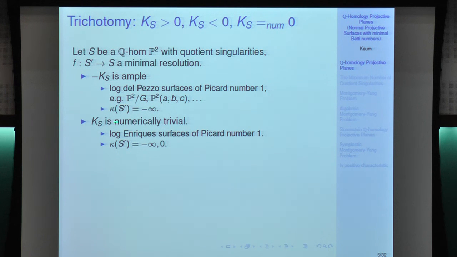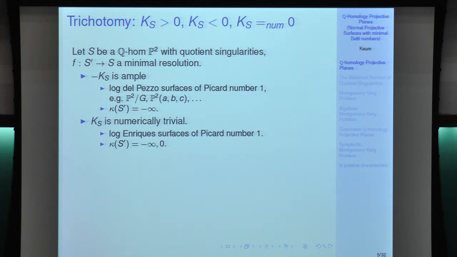And numerically trivial is getting more interesting. These are called log Enriques surfaces of Picard number 1. And this example can be obtained from a rational surface or an Enriques surface. So you contract, for example, suppose an Enriques surface contains 9 smooth rational curves with a certain ADE configuration, then you can contract them to give you rational double points.